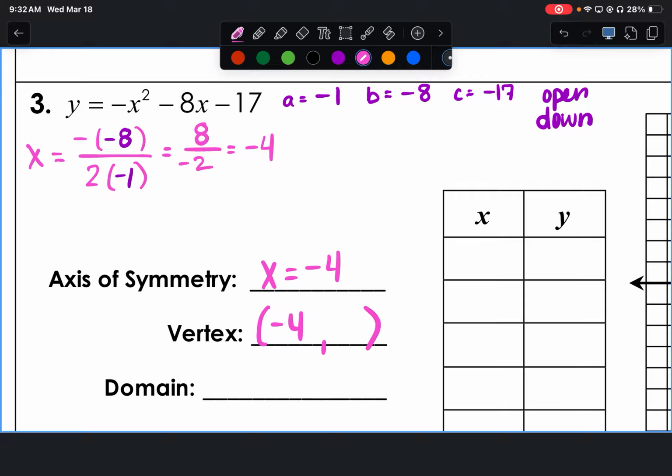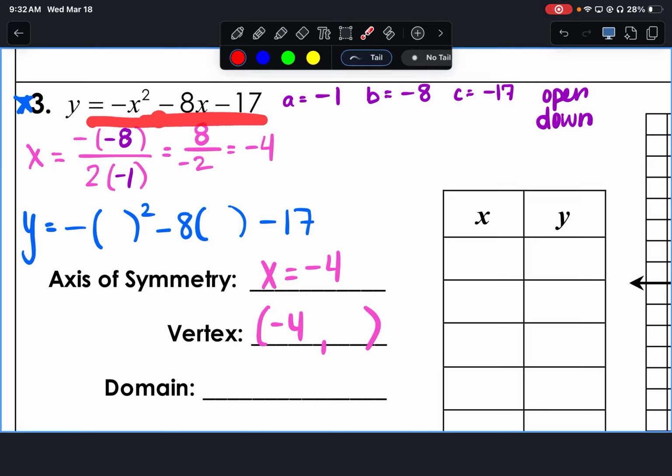Now we are going to find the y coordinate. So we're going to plug into that original equation, y is equal to -x squared minus 8x minus 17. I put everything that is in that equation here. I just replace x with parentheses. Then what x value do I plug in? -4. So what is -4 squared?